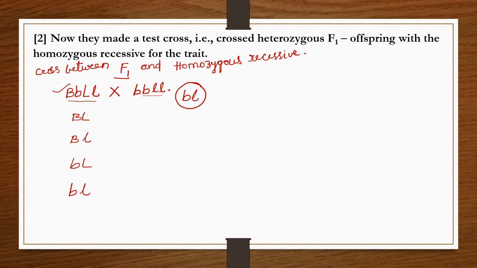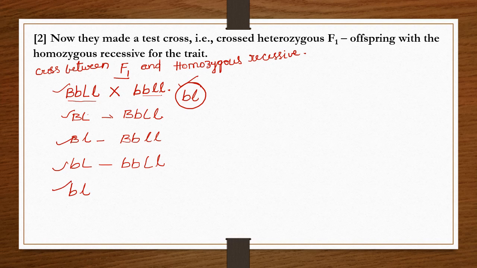So as a result, when you cross the first gamete with this gamete, it gives capital B, small b, capital L, small l. Then capital B, small b, small l, small l. Then small b, small b, capital L, small l.